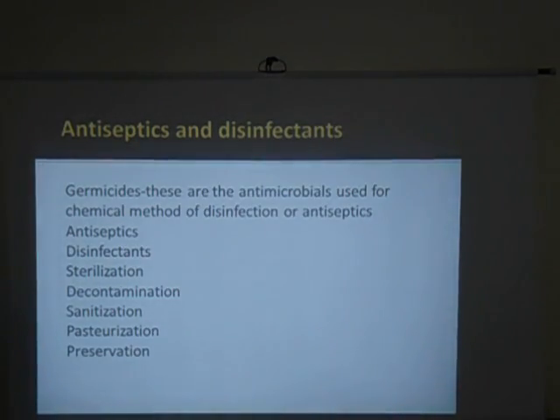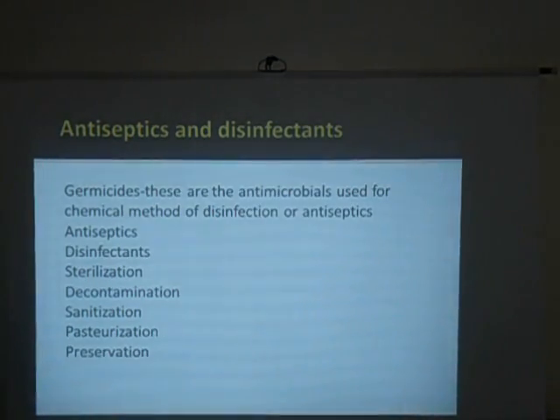Only disinfection is for inanimate objects, for example tables, stools, surgical instruments, all these things. But antiseptics we use for the bodily surface, maybe wound, cut, before operation. Okay, site clearance before operation, all this we call antiseptics.